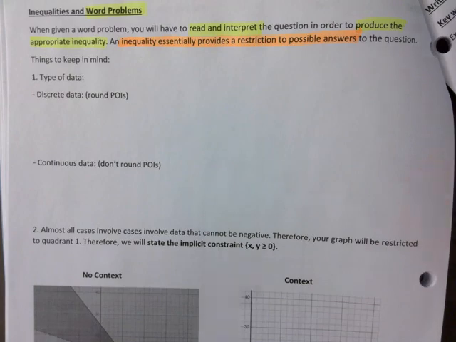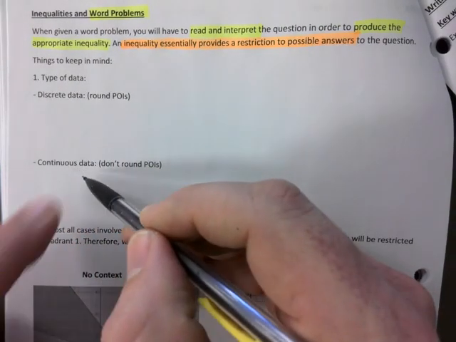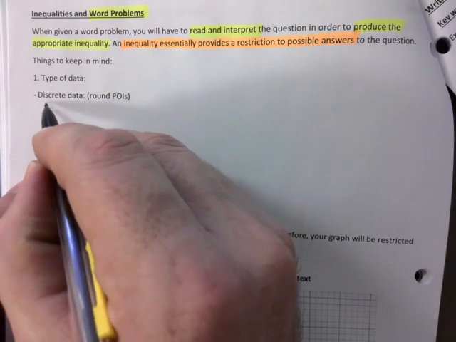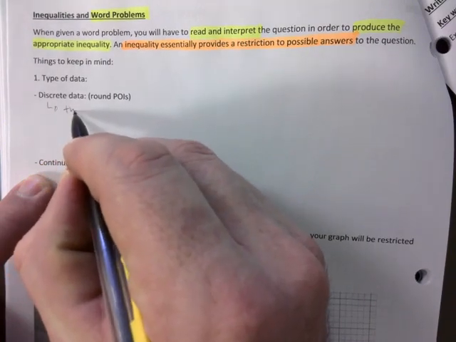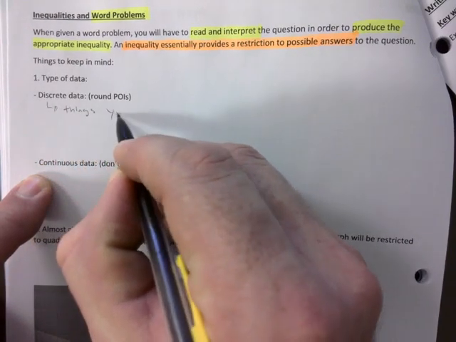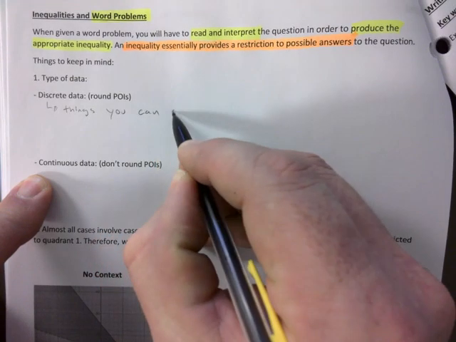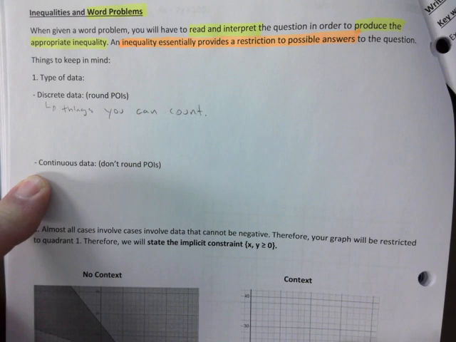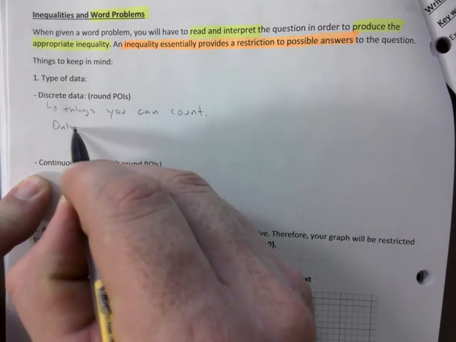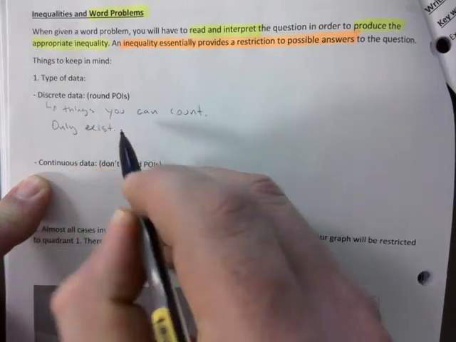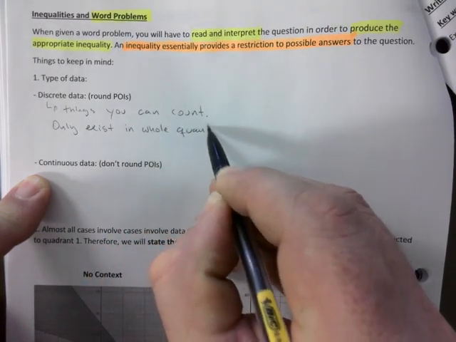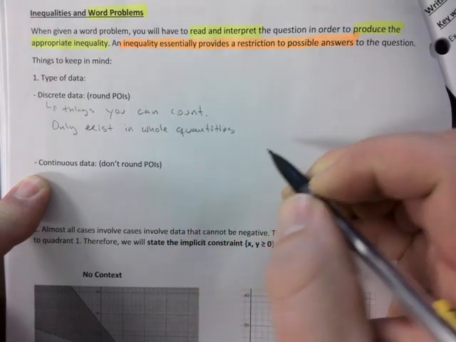Things to keep in mind before we get started here. We have discrete versus continuous data, right? So discrete: things you can count, and they only exist in whole quantities.